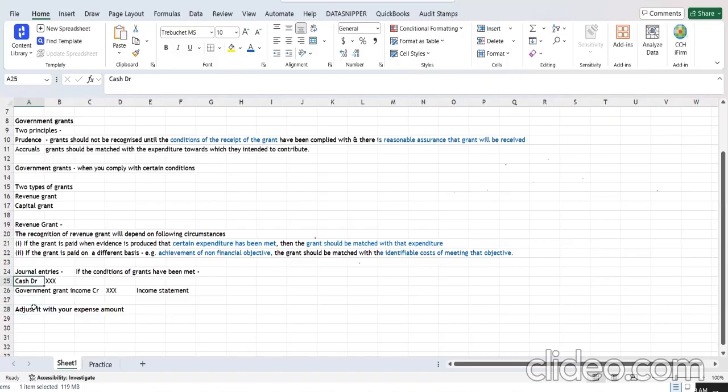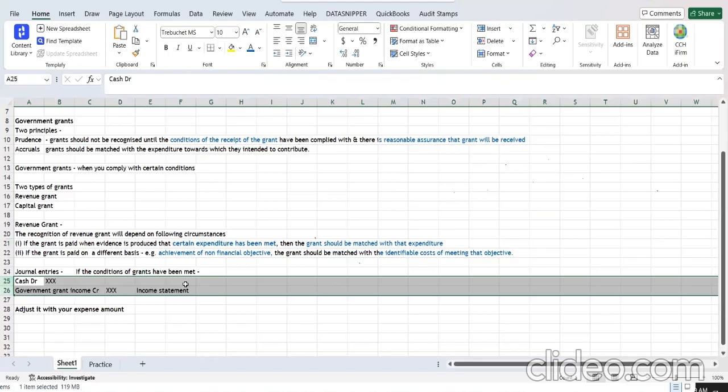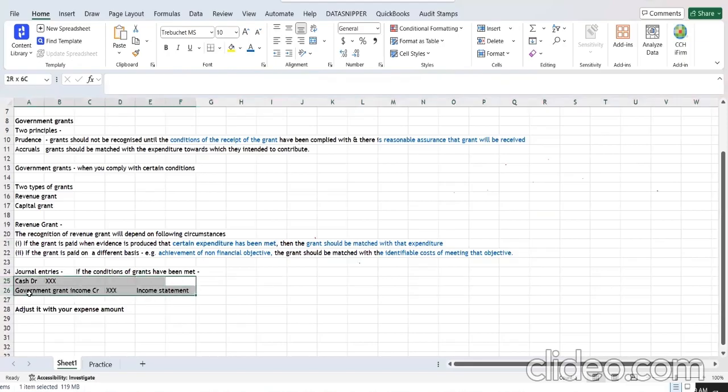So how do you adjust it with your expense account? For example, you will record your entry when your certain expenditure has been met, which means you have incurred some sort of expenditure. So if you're crediting your income, on the other hand you will be incurring your expense. For example, I am debiting my salaries account. Why? Because I'm talking about the condition that you have to give employment to X number of people in your entity.